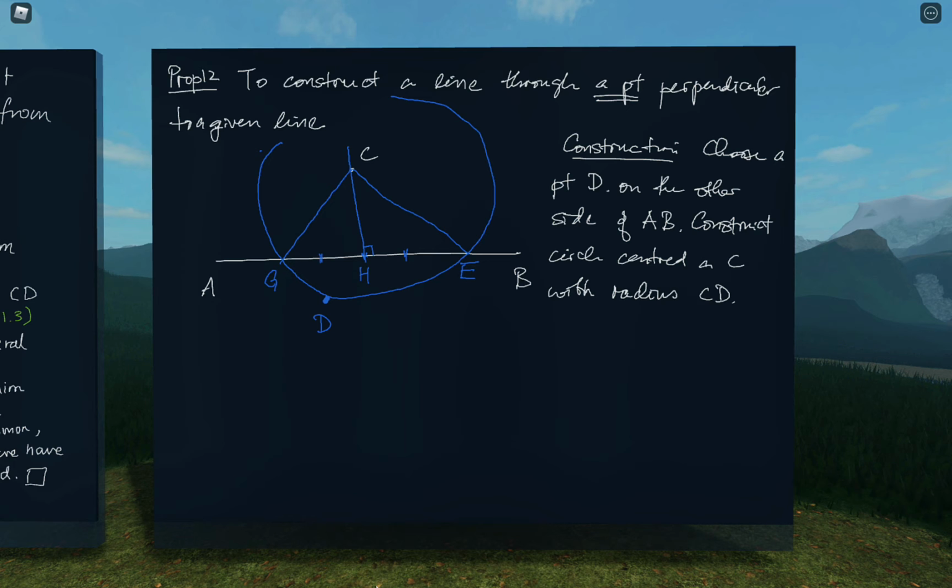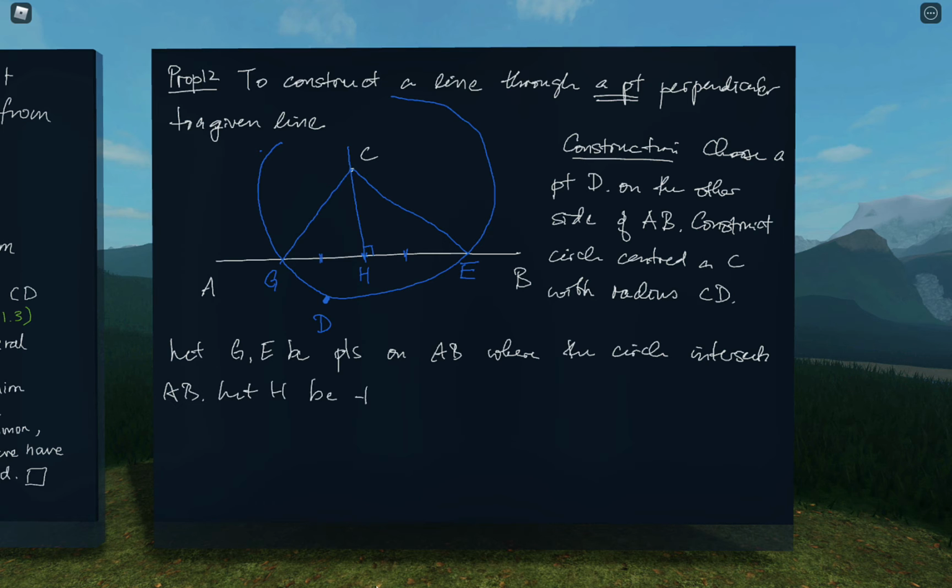And let G and E be points on AB where the circle intersects AB, right? And let H be the midpoint of GE. And I don't remember the proposition.